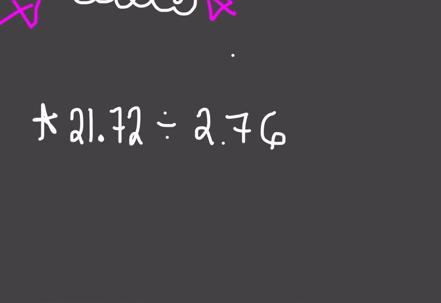We have 21.72 divided by 2.76. Now some people are going to choose different numbers, but I'm going to start with my divisor and say, okay, what is 2.76 close to? It's closest to 3, so I'm going to use that 3. So I have to now make a division sentence saying what is close to 21.72 that's easily divided by 3.